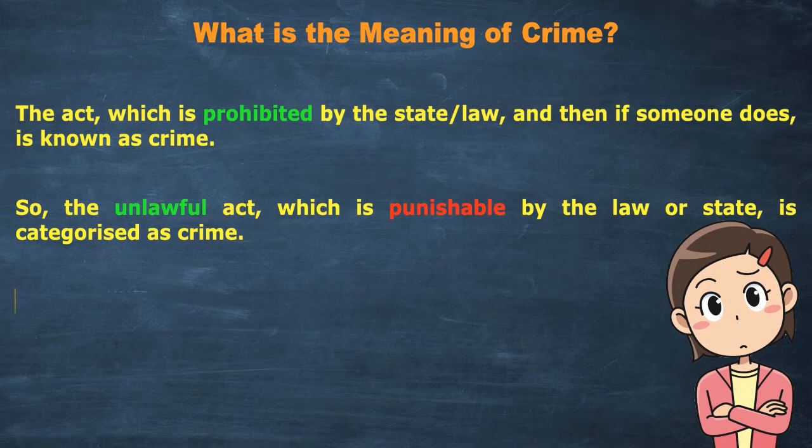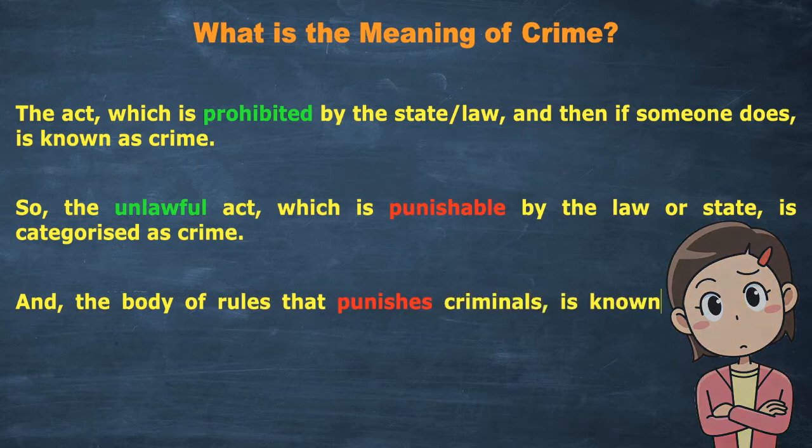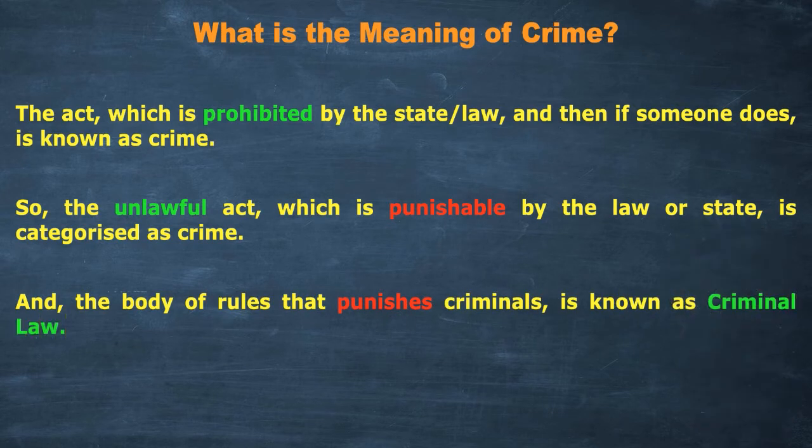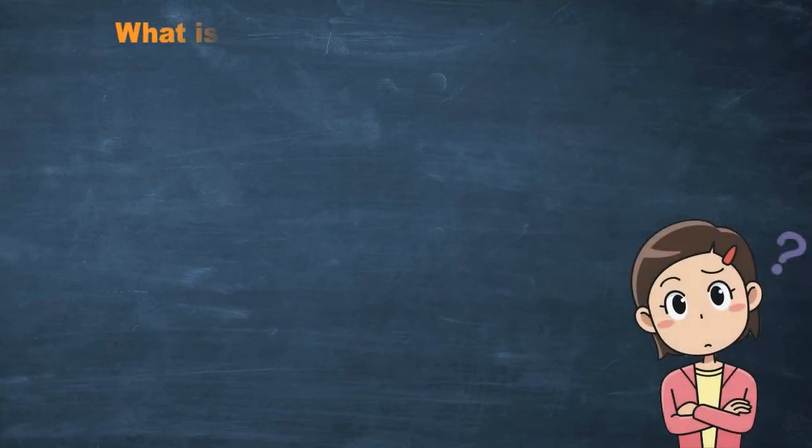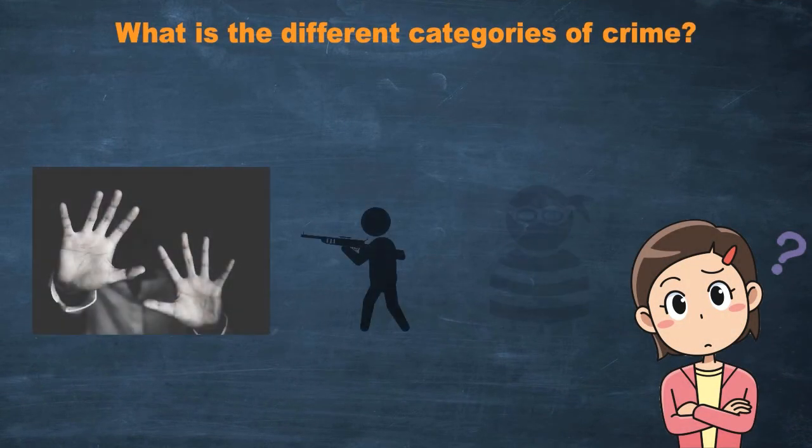And the body of rules that punishes criminals is known as criminal law. Of course, so simple. Now let's come to the second topic, the different categories of crime.